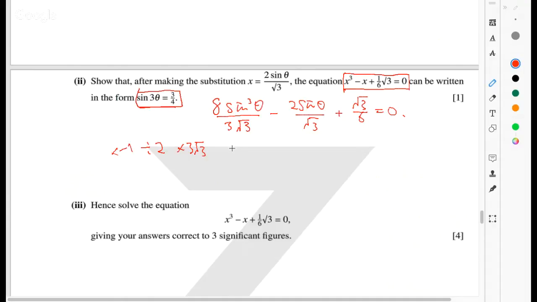So we get minus 4 sine cubed theta plus 3 sine theta is equal to 3 over 4. And we notice that the thing on the left is basically sine 3 theta.